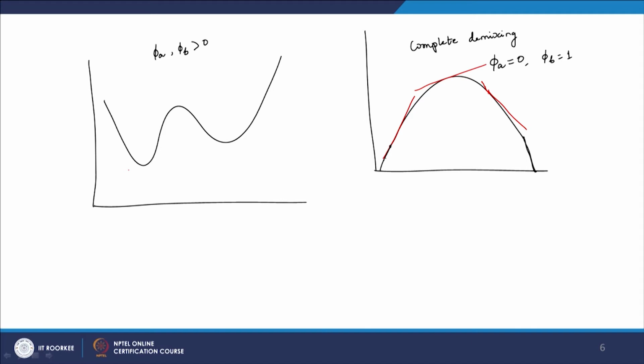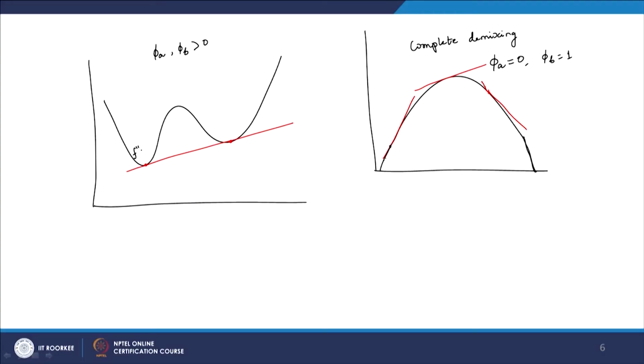Let me again draw a common tangent in this case. So, if I look at the middle arm, it goes from a convex shape to a concave shape. So, right here f double prime is higher than 0, right here f double prime is less than 0.